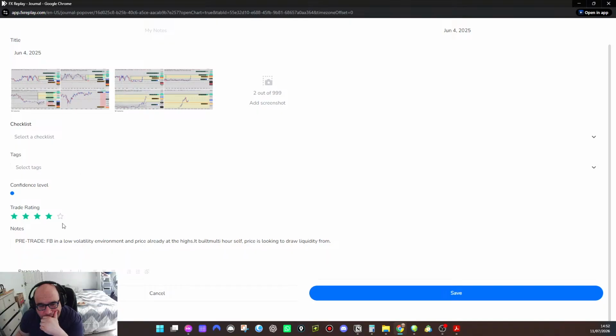Now we can go for 4 and now we can write TP1 hit, raised stop below the previous VWAP.